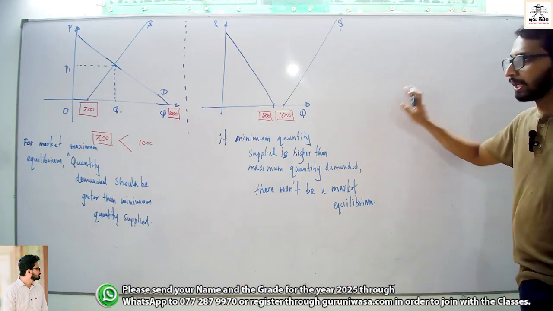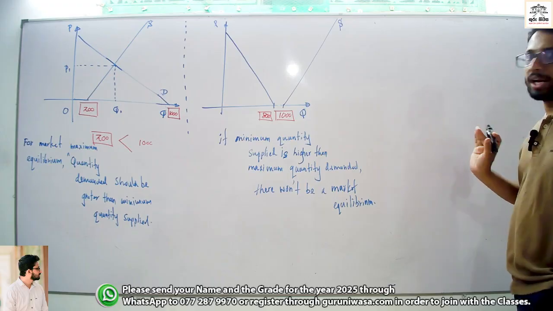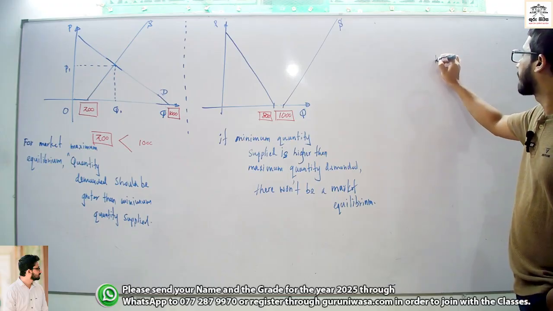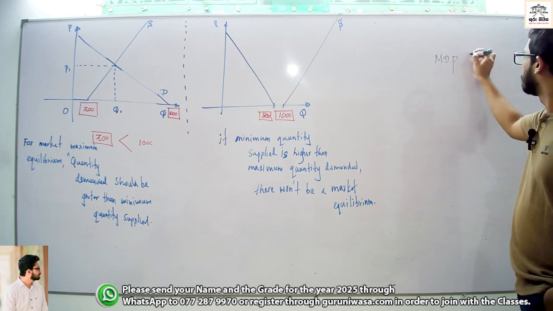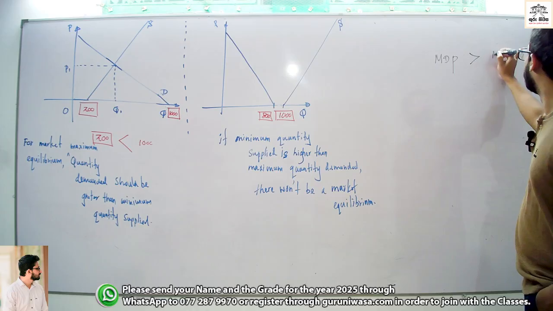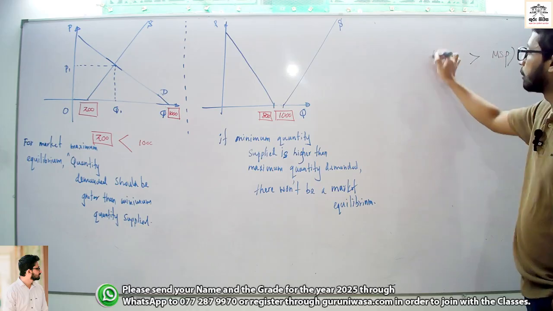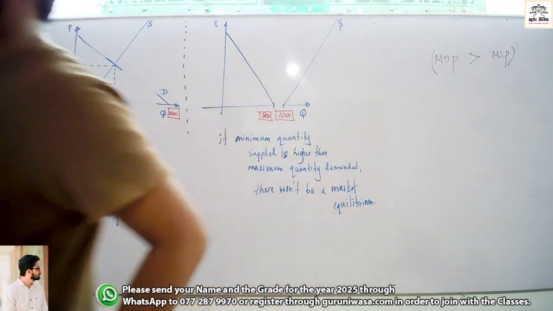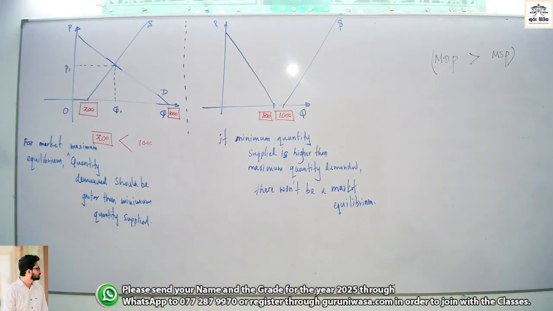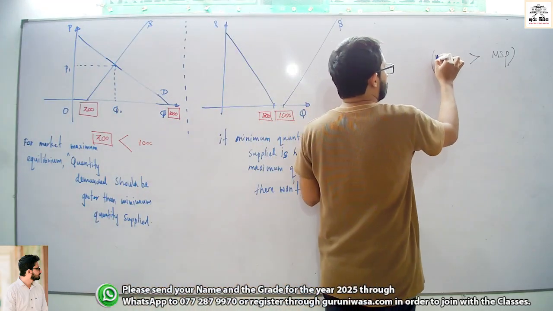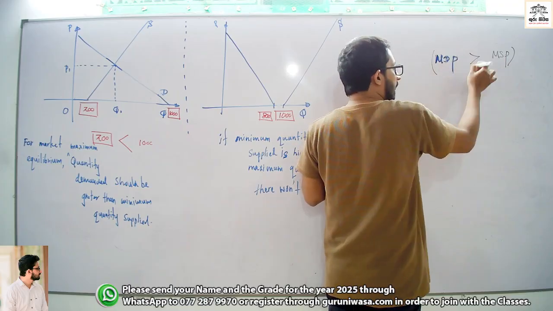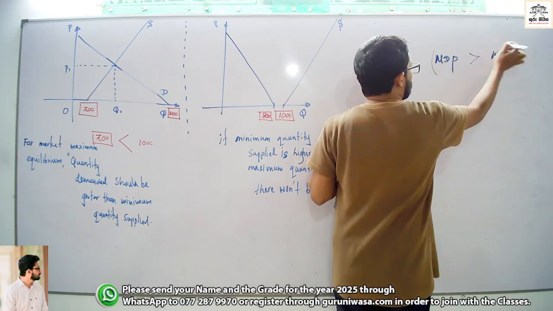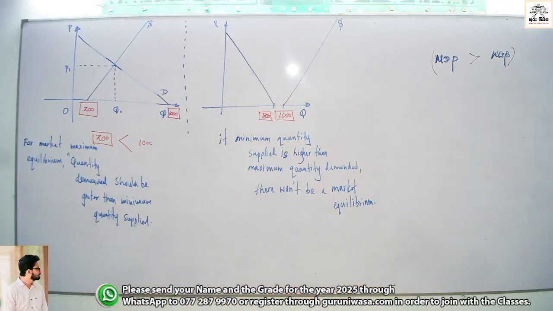For an equilibrium, you can write this down. For a market equilibrium, remember, maximum demand price should be greater than minimum supply price. If not, no market equilibrium. Try to explain this concept as homework. Use two diagrams to answer this question.